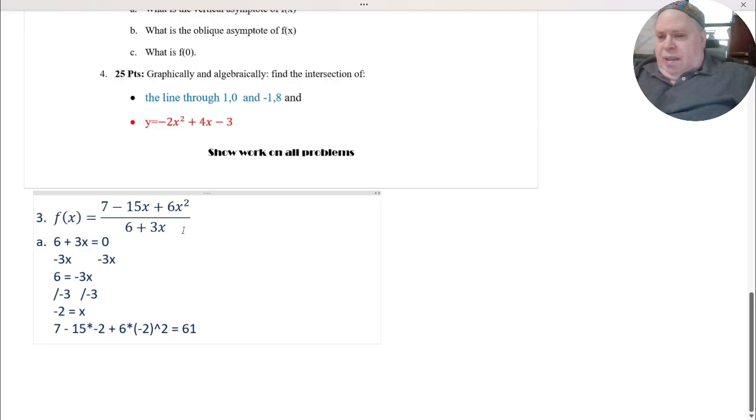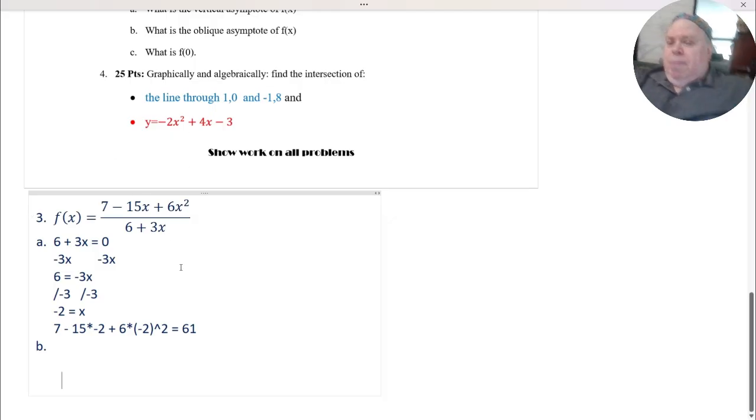So our next step is part B, where we want to find the oblique asymptote. So what we're going to do is the polynomial division that we all learned about. That means we want to put these in order of power, in the order of leading terms.